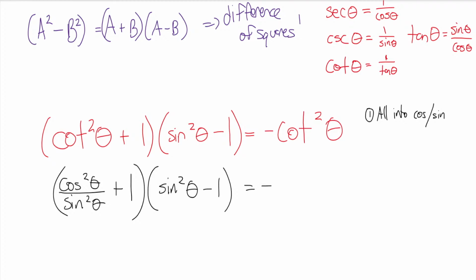And negative, this is the same thing. Yeah, good. Cos squared theta. Beautiful. Okay, now what? Ooh, I wouldn't go there yet. Not yet. You can make your life easier.